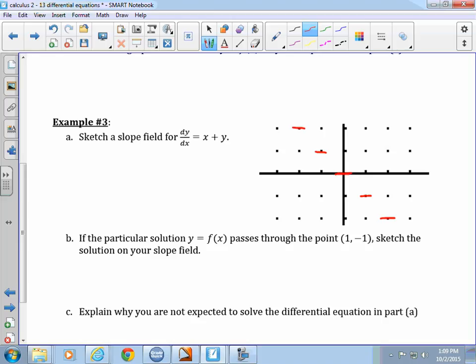So you get kind of a diagonal. When x is 1 and y is 0, the slope is 1. And then we can do that all steeper. (0, 1) is the same, isn't it?